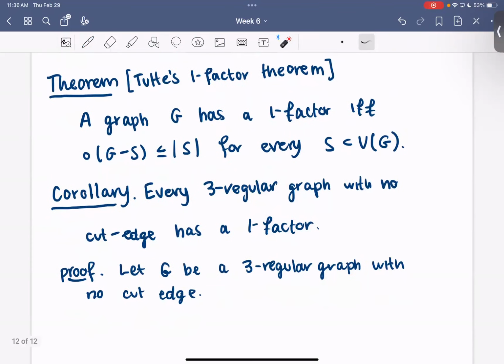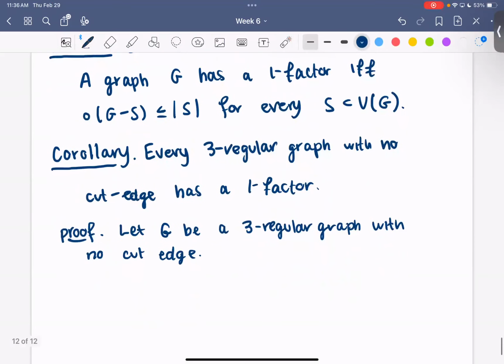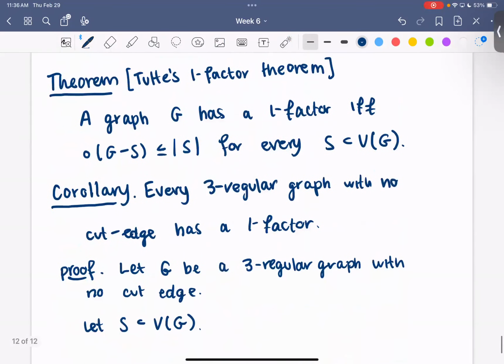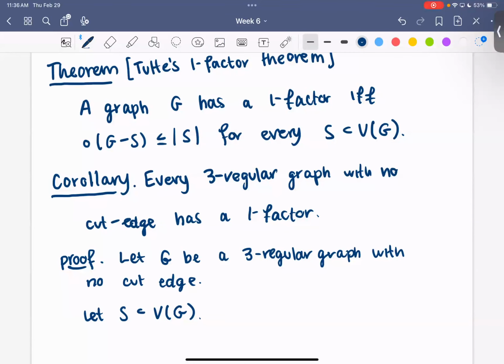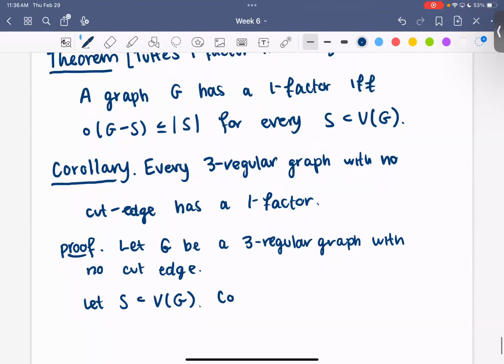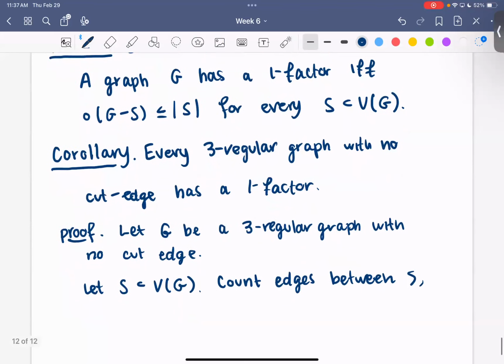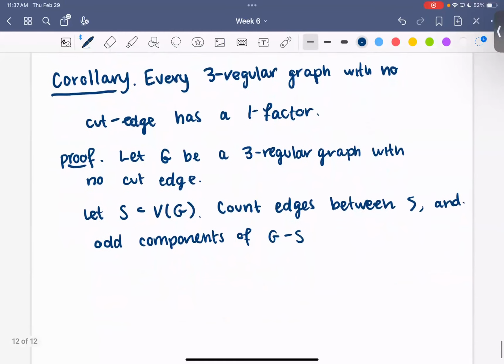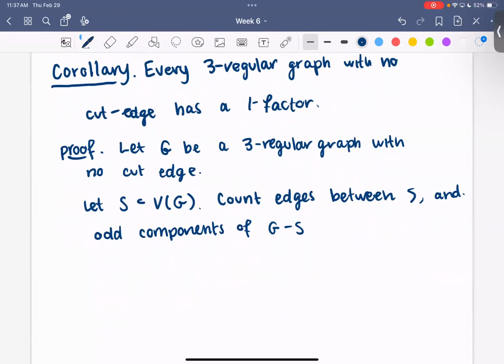So let S be a subset of the vertices of G. Then let's count the edges between S and odd components of G minus S. Okay, so on the one hand, what is the maximum number of edges that could be coming out of S?